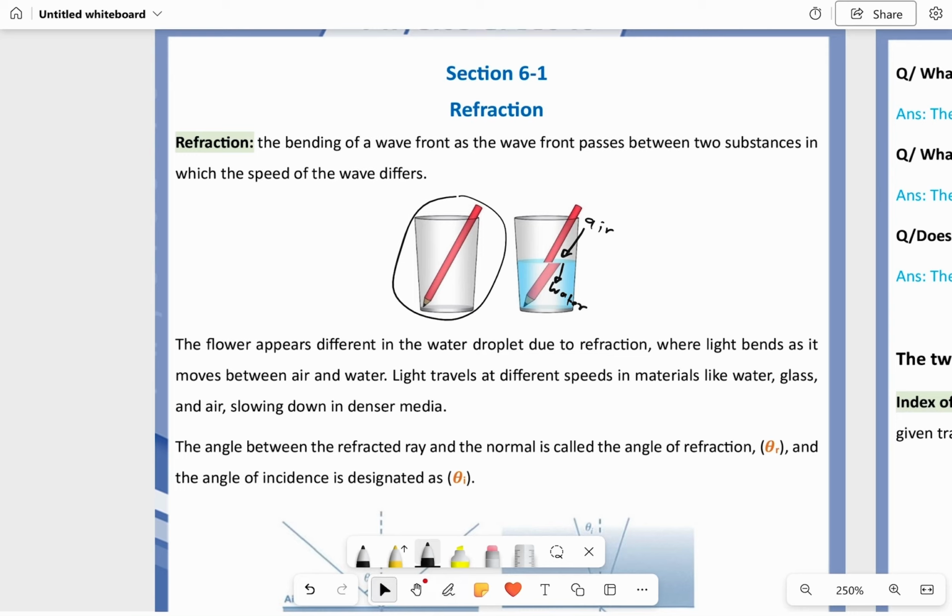The bending of light, the bending of a wavefront, as the wavefront passes between two substances in which the speed of the wave differs. So a medium can be anything. It can be solid, liquid, or gas. It can be a glass, it can be for example water, and it can be air too, or any other type of gases.